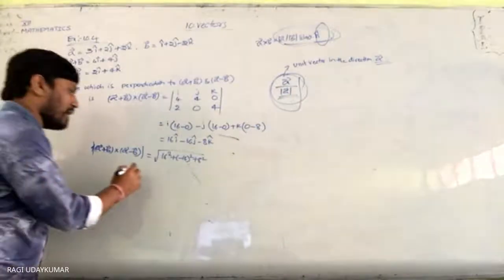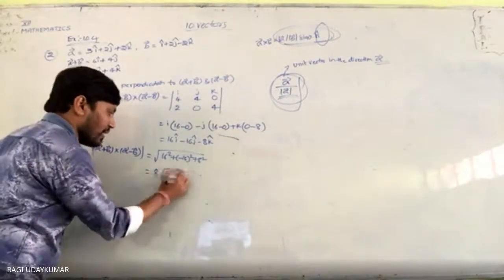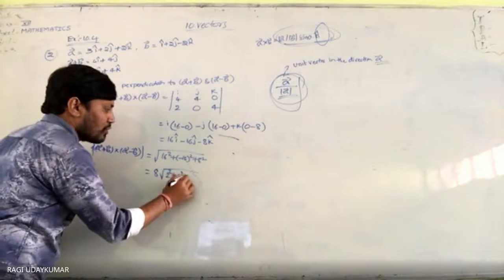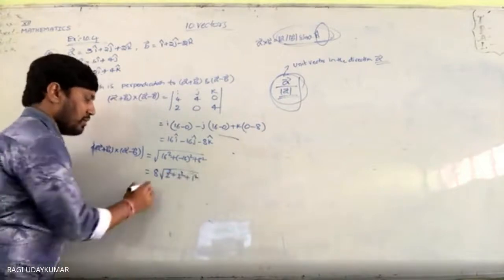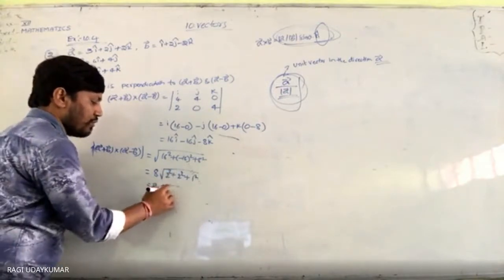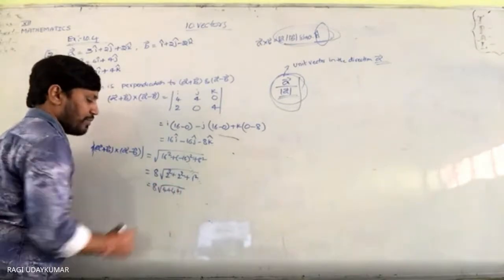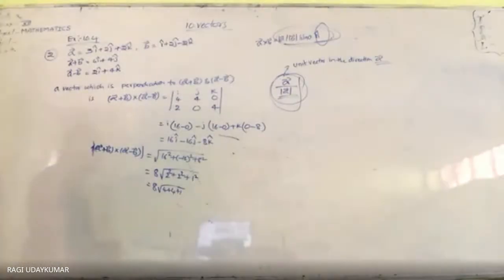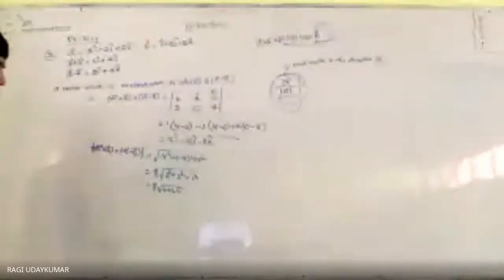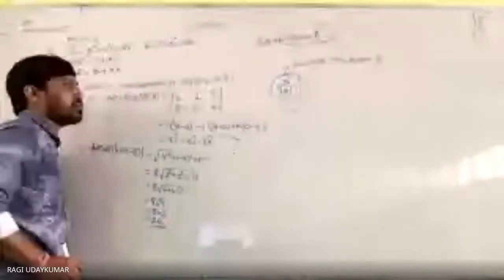From this you can take 8 common, so 8 into the square root of 2 squared plus 2 squared plus 1 squared, which is 8 into the square root of 4 plus 4 plus 1, equals 8 into the square root of 9, so 8 into 3 equals 24. 24 is its magnitude.